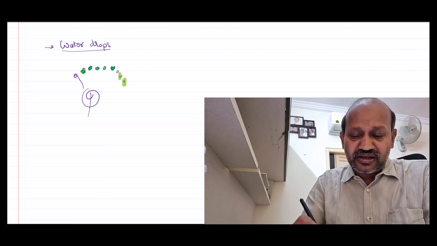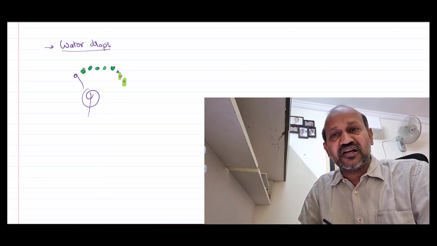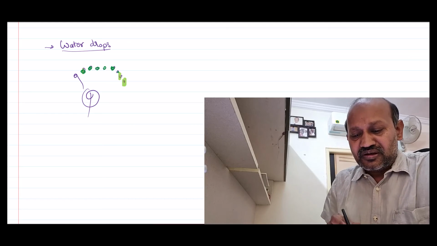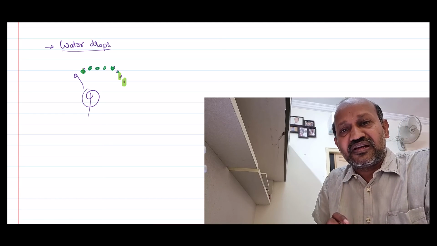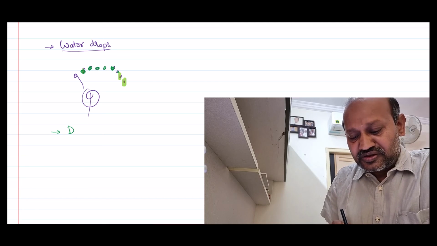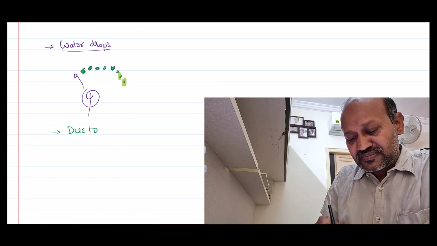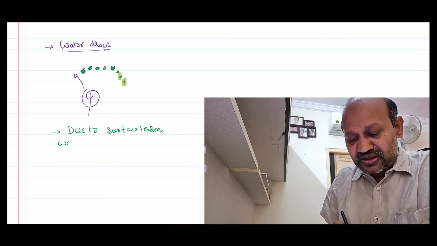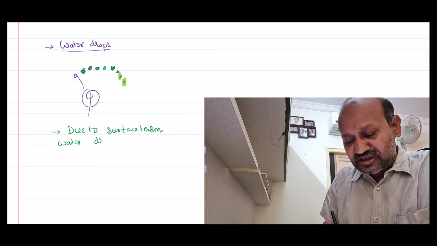Why are they acquiring that spherical shape? Why not any of the other shapes? The logic is quite simple. That's because of the property of a liquid called surface tension. As it's been said, due to surface tension, water drops try to acquire minimum surface area.